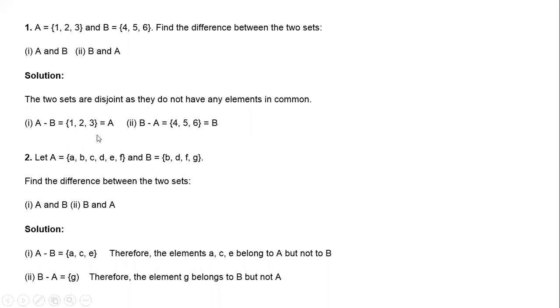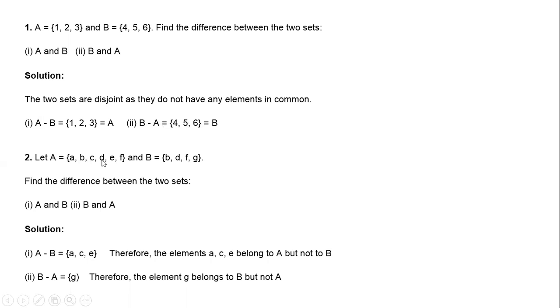Since it is disjoint, A minus B is equal to A. B minus A is equal to B. You should write all elements of B which are not present in A. Since these two are disjoint, we will be writing all the elements of B.